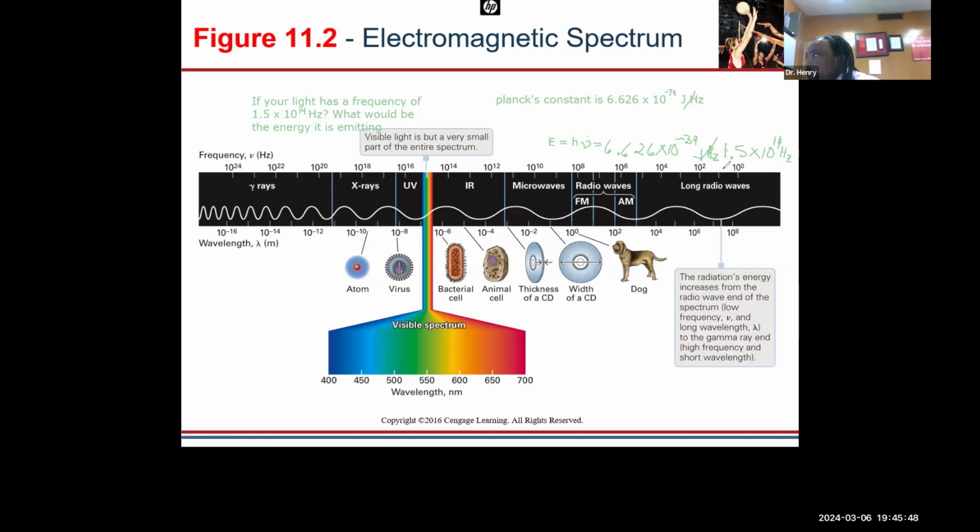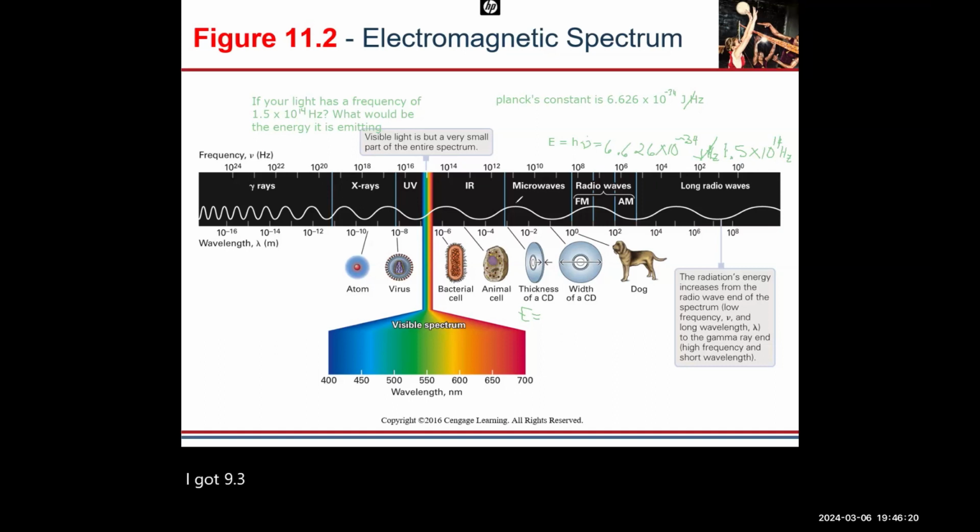Okay, so then we end up with 9.39 times 10 to the negative 20th joules.